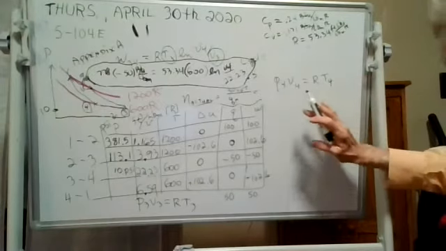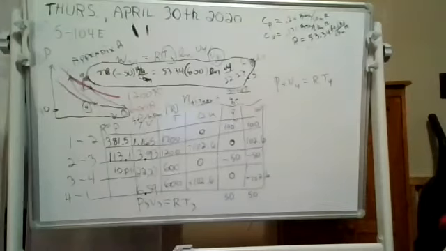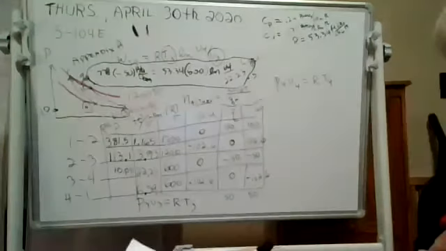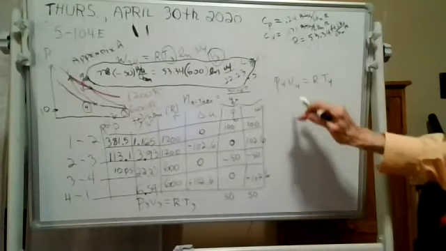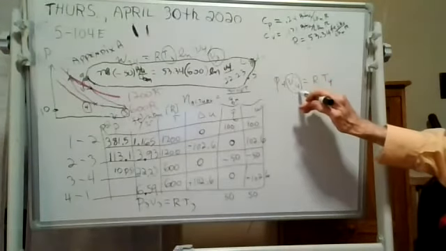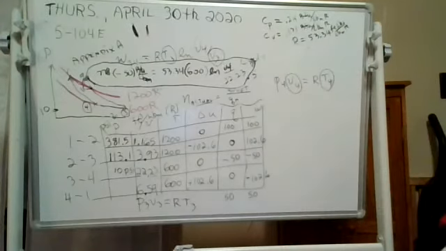But to get the units to work, you got to multiply by 144 over here on the left. And we know V4 now. And we know T4. We should be able to get this. Okay, plug it in and see what you get.